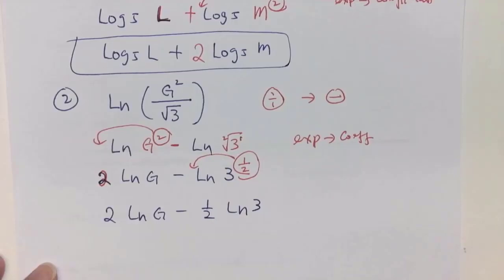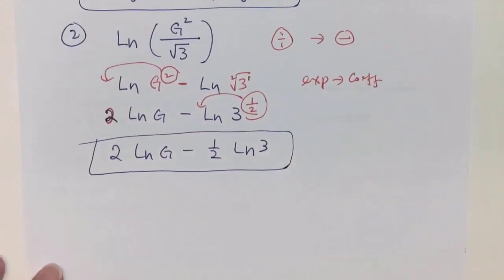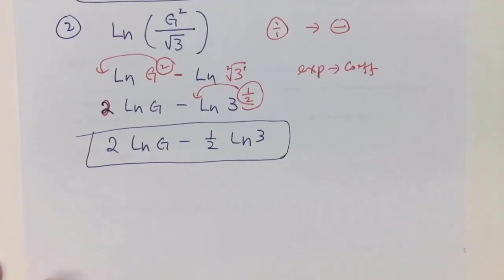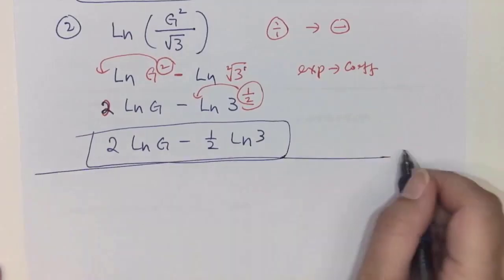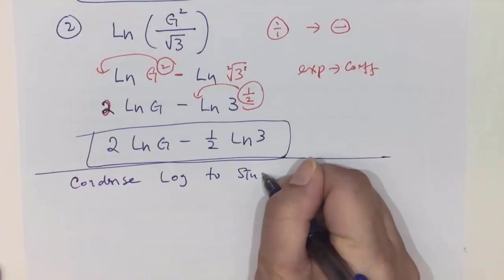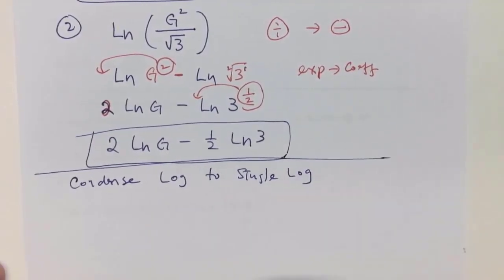You will have that on the quiz, so I will encourage you to do some of the homework. The other type is doing the opposite. So earlier we were expanding the log, and now we need to condense the log to a single log, meaning your answer should only have 1 term, okay?